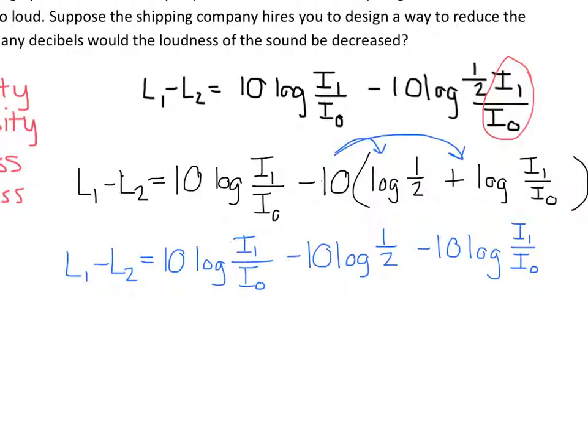Anybody see it now? Combine like terms. They cancel out. This one cancels with this one. Yay, because one of them is positive 10 and one of them is negative 10.